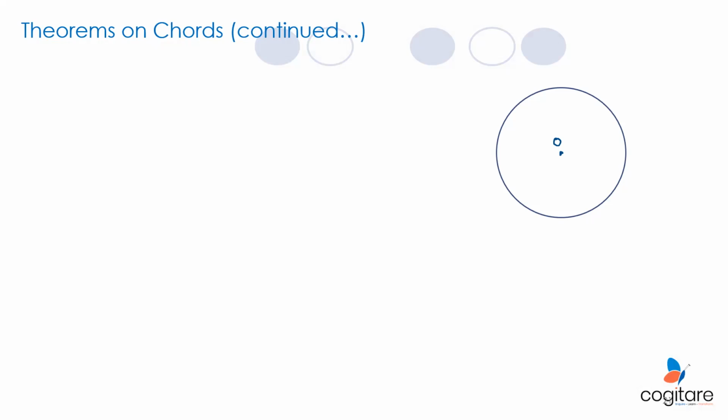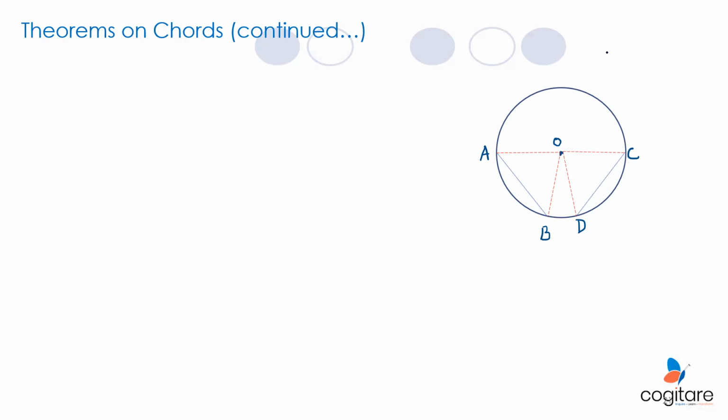Let's now look at properties of equal chords, okay? So let's say there is a chord AB and there is a chord CD. These 2 chords are equal. Now, if you connect the endpoints of the chord to the center of the circle, what is your observation, especially with respect to the angles?